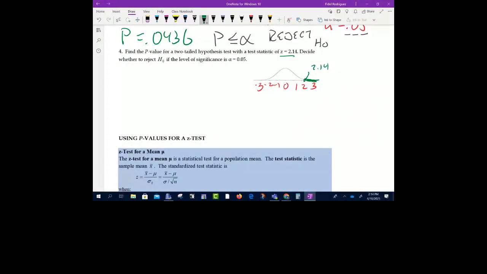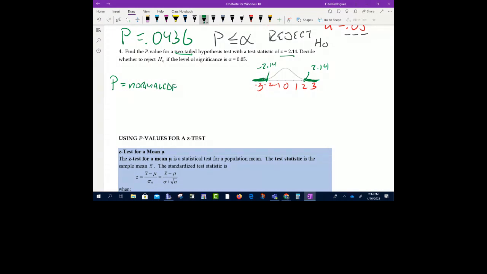That's 2.14. But y'all, they're telling me that this is going to be a two-tailed test. So look, y'all, I'm going to come down over here, negative 2.14. Okay. Now, what I'm trying to do, y'all, is I'm trying to find the area in the green spots. Okay. We're trying to find the area in the green. So we can do this.